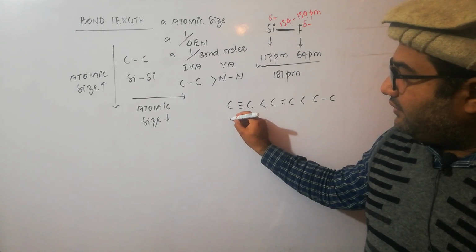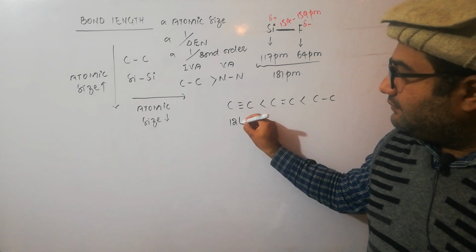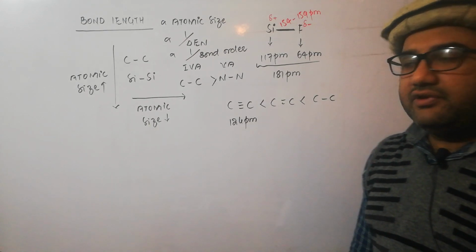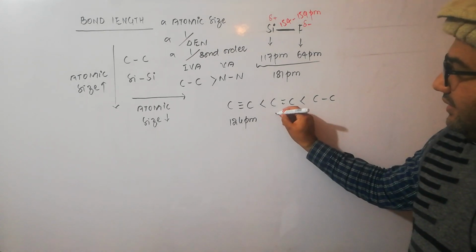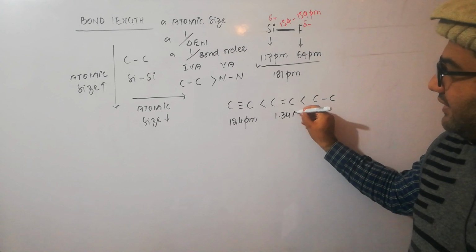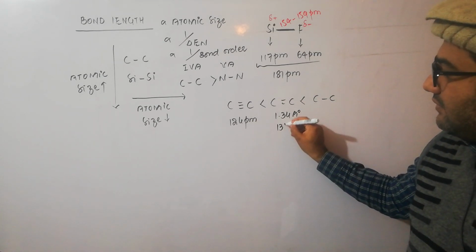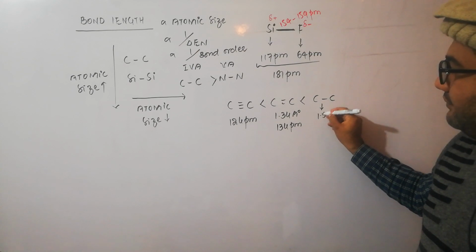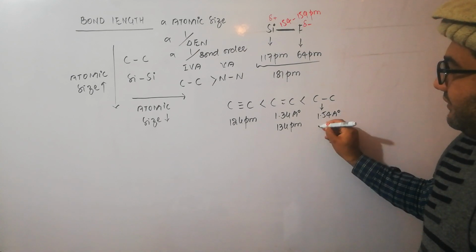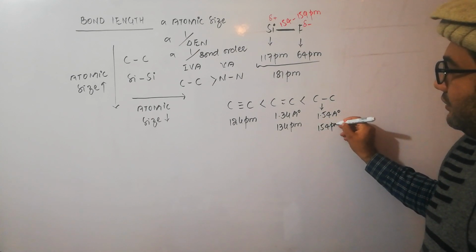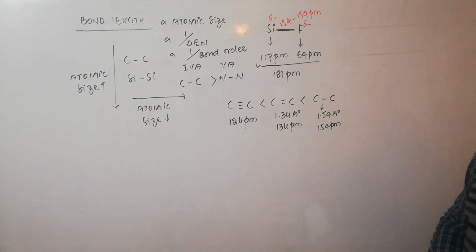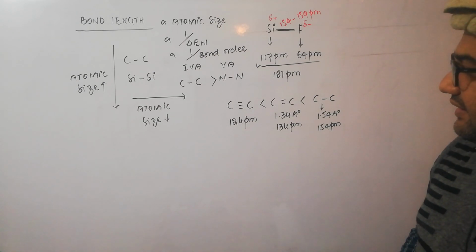Here it will be equal to almost 124 picometer or 1.24 angstrom. It will be equal to 1.34 angstrom or 134 picometer, and it will be equal to 1.54 angstrom or 154 picometer. So as the bond order is decreasing, the bond length is increasing, so they have inverse relation with each other.